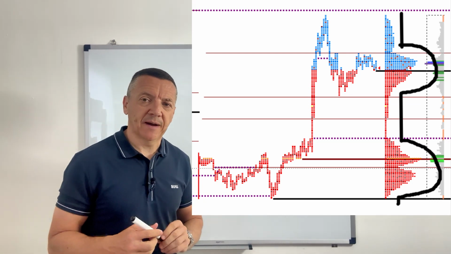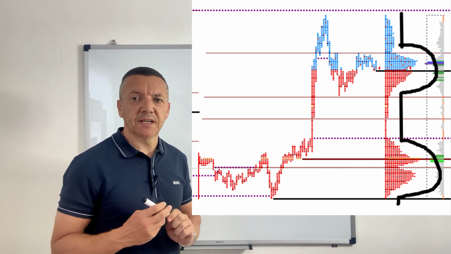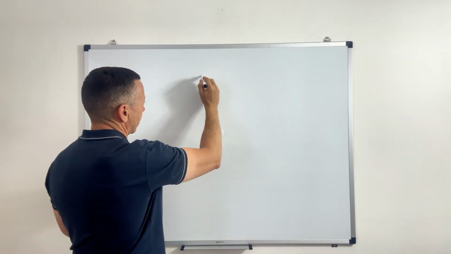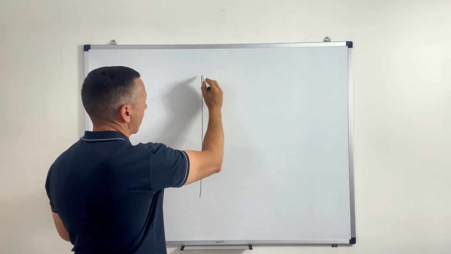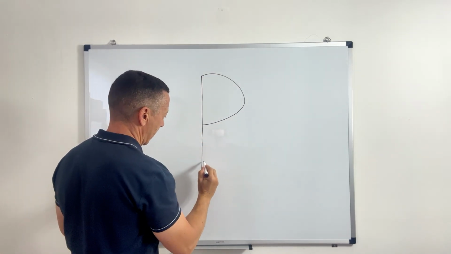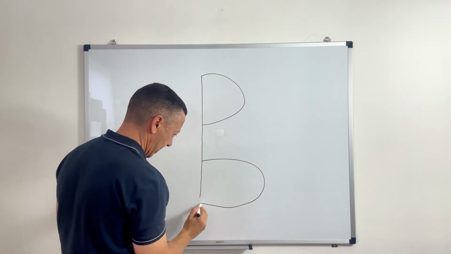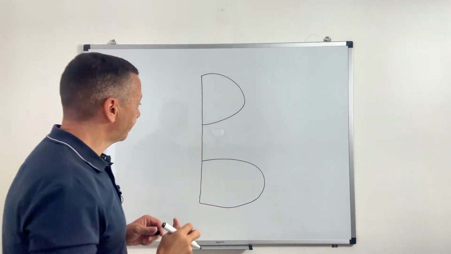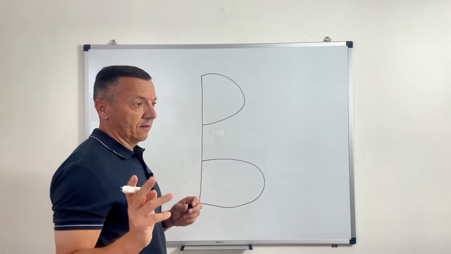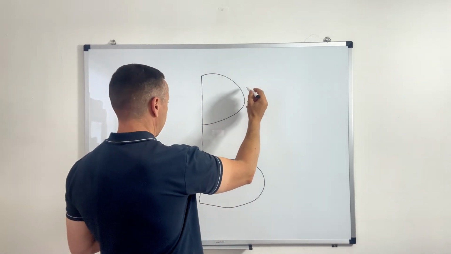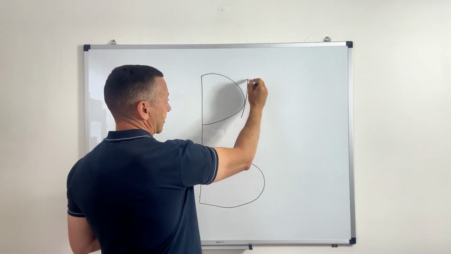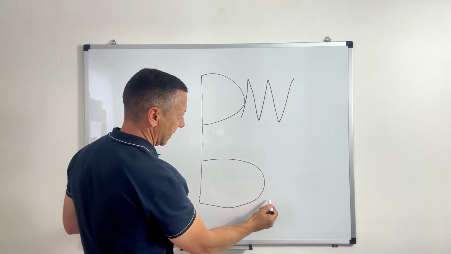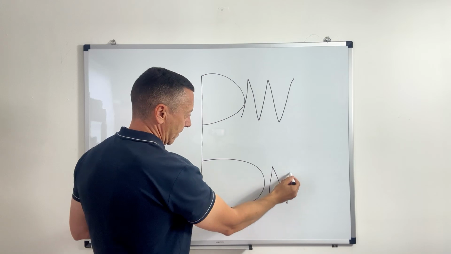I want to talk to you about trading double distributions, okay? So let's get started. This is what we call a double distribution, okay? This is where price has built value at the top of the TPO and at the bottom of the TPO.